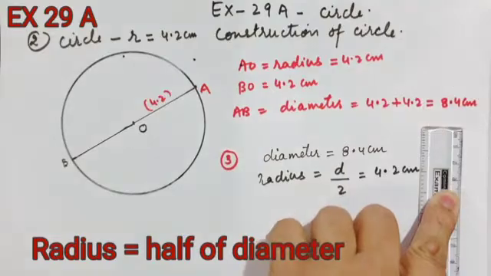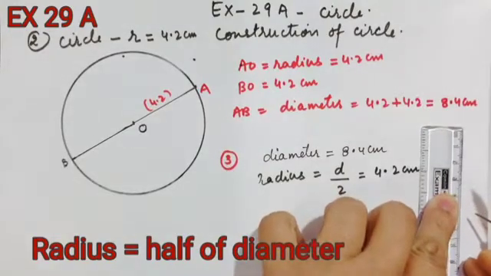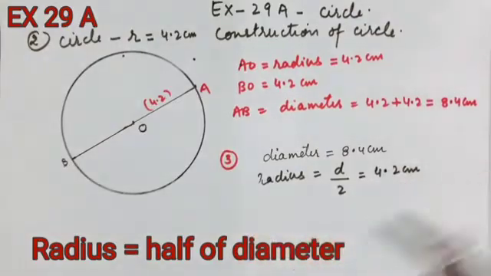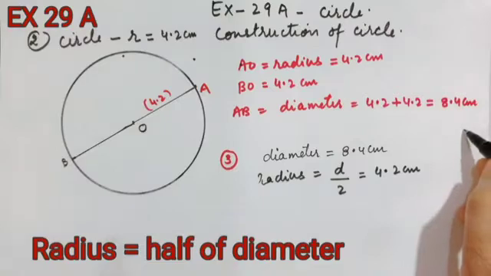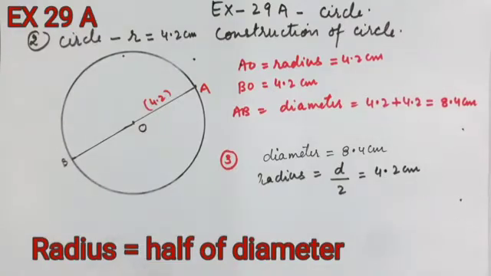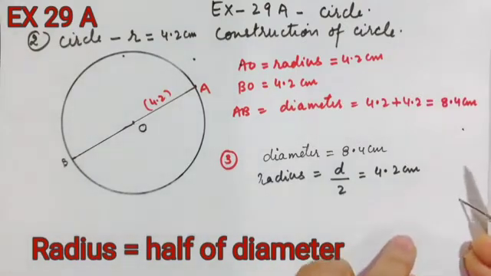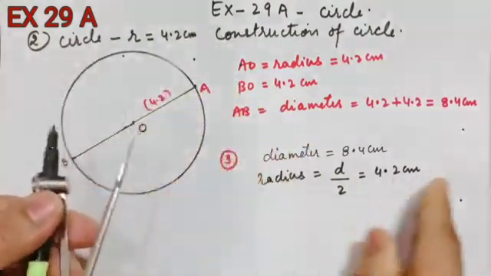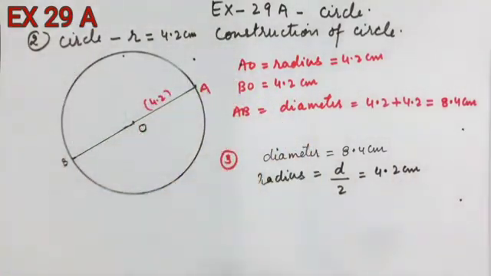So this is the 0 point and this is your 4.2. Let me see. Okay, I should have marked with pencil. However, I forgot it. Now, let us take this particular length as 4.2 centimeter, which I had already taken out. However, I showed you over here once again.